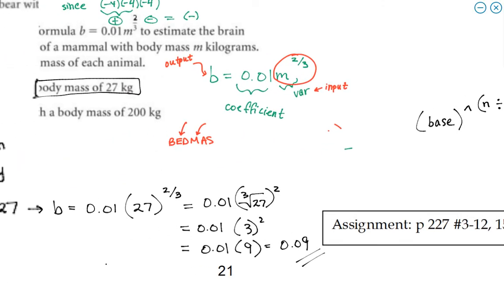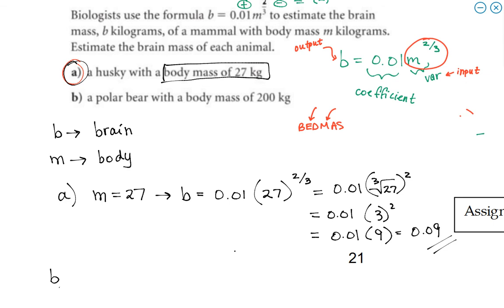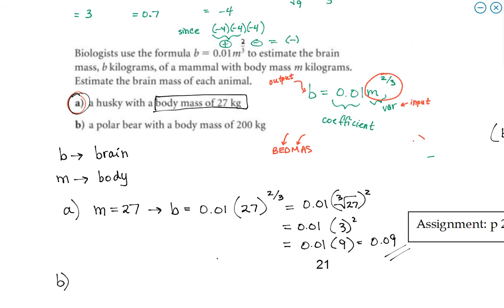Okay, let's take a look at part B. Part B, it gave us a body mass. Oh, it's the same, input and output. So again, for part B, they're giving us 200. So in both cases, they gave us the input, and all you have to do is calculate the output.